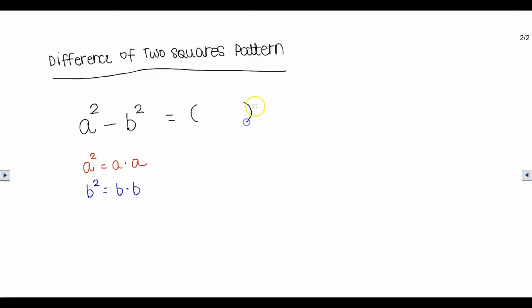Now, remember, to factor means to write a multiplication problem. So here that comes. The multiplication problem for a squared minus b squared is going to be a plus b times a minus b. So this is the pattern that you will always follow.